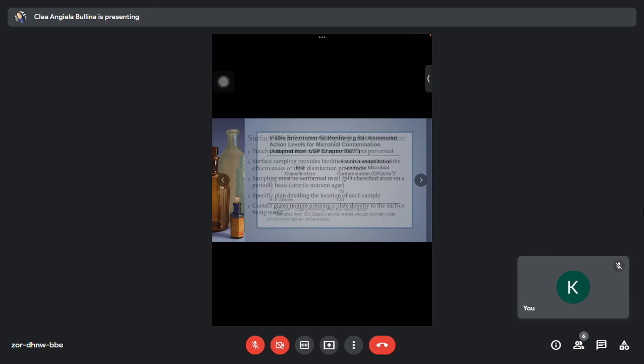That's the minimum. In surface disinfection sampling and assessment, there must also be a specific plan detailing the location of each sample, and it must be devised so that the same locations are repeated with each testing session.